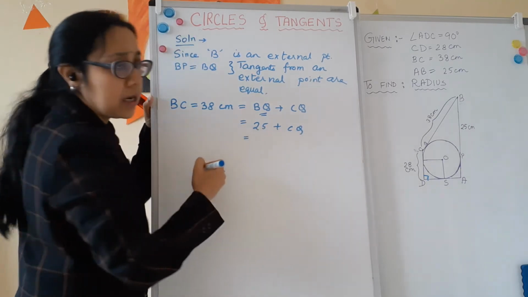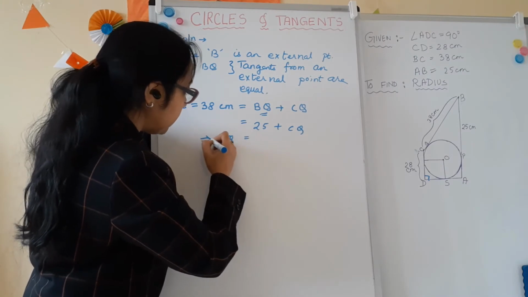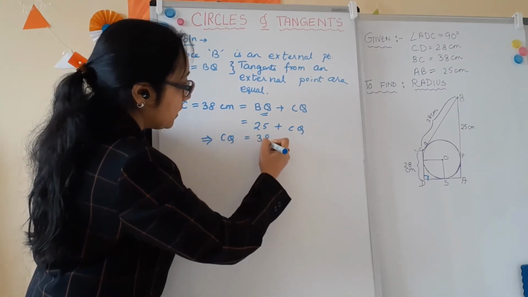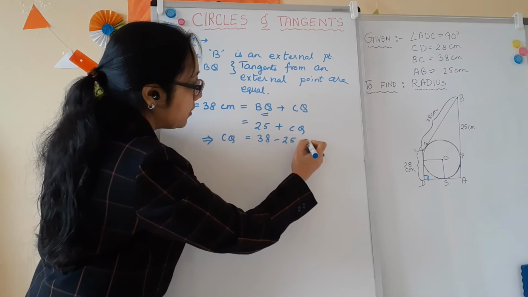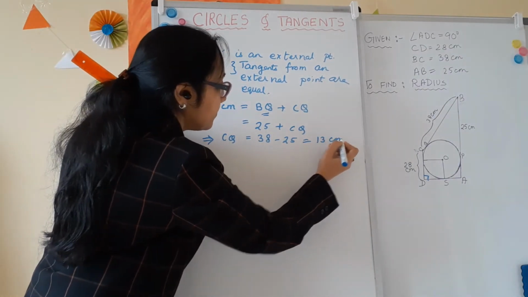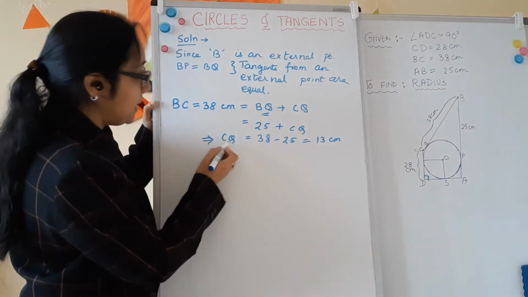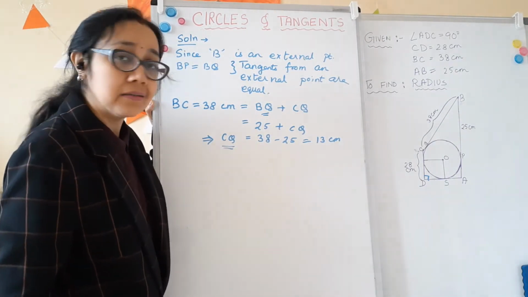So what is CQ now? Rewriting, CQ is equal to 38 minus 25, which is equal to 13 centimeter. So CQ we have found, that is 13 centimeter.